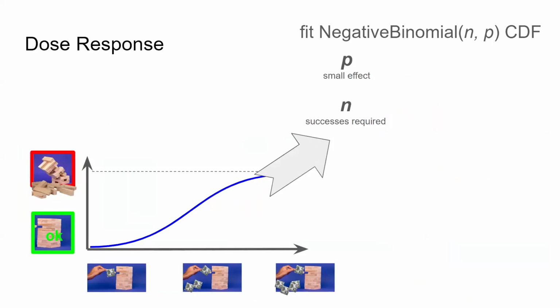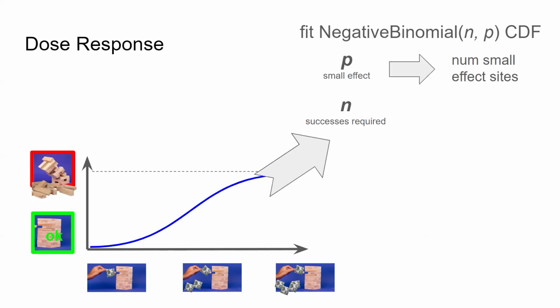And so what we can do is use experiments to generate this dose response curve and then fit a negative binomial distribution to it and estimate the two parameters of the negative binomial distribution, P, the probability of any individual coin flip being a success, and N, the number of successes required in a coin flip sequence.